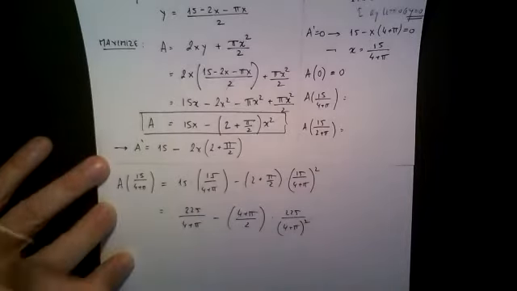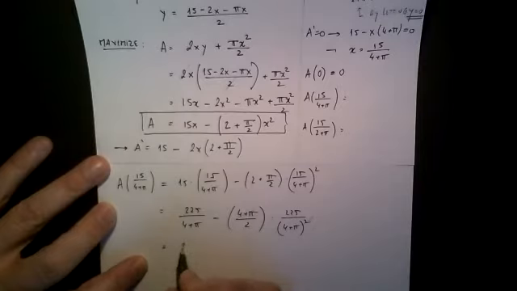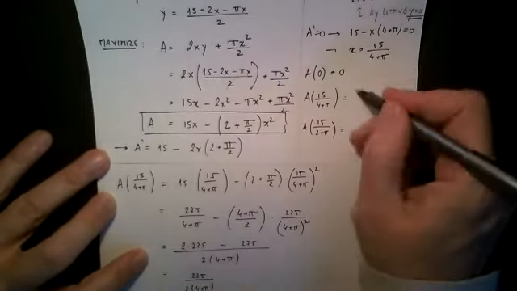I'm just doing some basic algebra. And then I'll multiply by 2 here. So 2 times 225 minus 225 over 2 times 4 plus pi. And so I get 225 over 2 times 4 plus pi. This is what I get here.